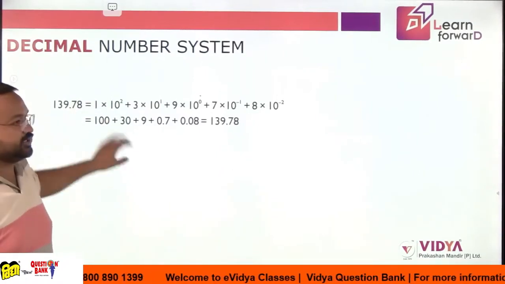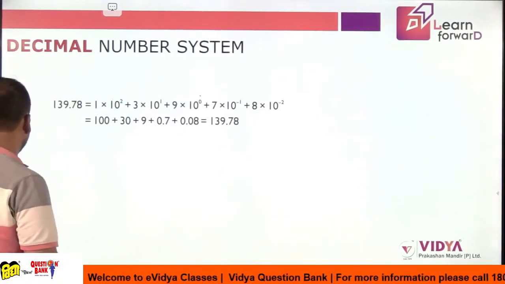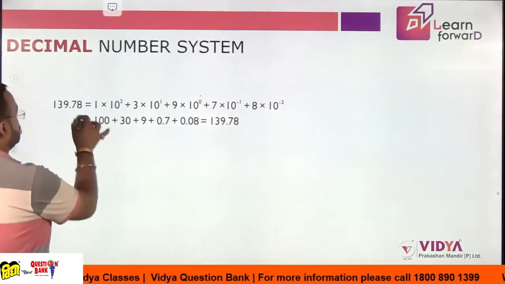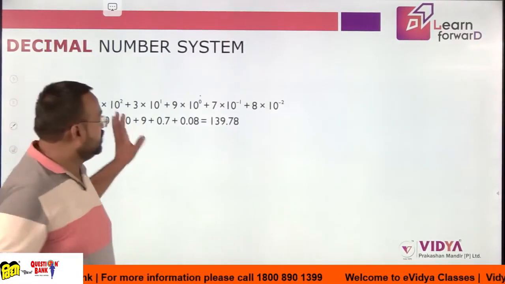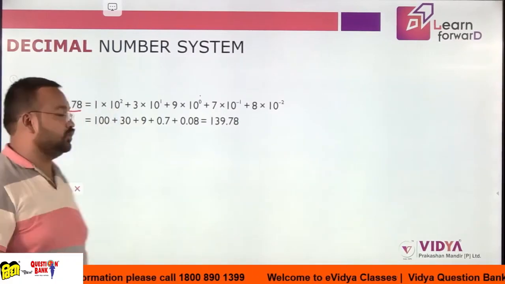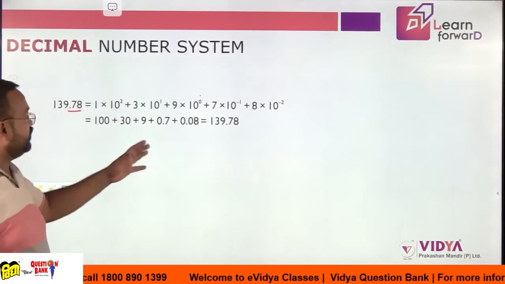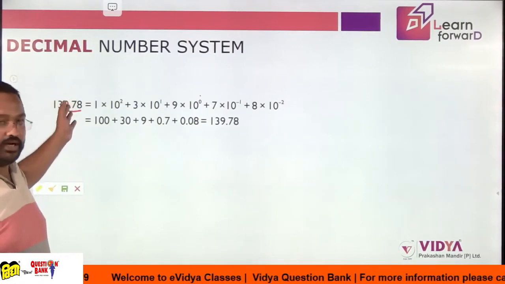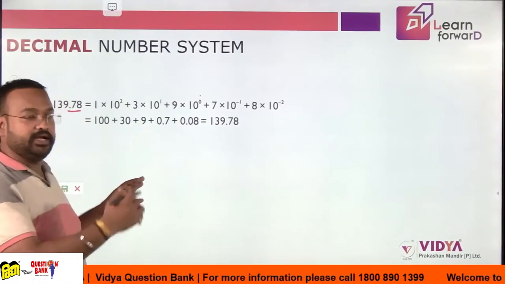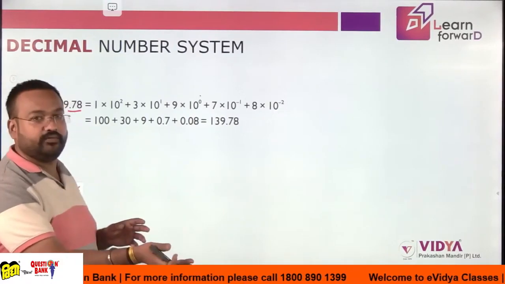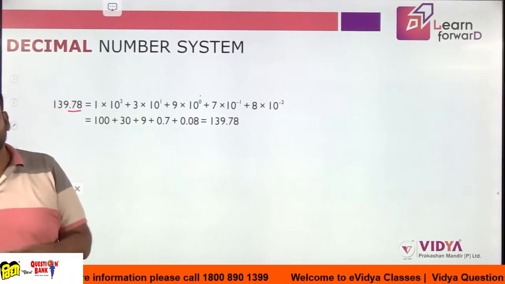Similarly, this is a decimal number that includes some values after the decimal point as well. If we want to represent it in a complete decimal number system form, as I told earlier, if we go towards the left side of a decimal point, the power would be increasing, and if we move toward the right side of the decimal point, the power would be decreasing.